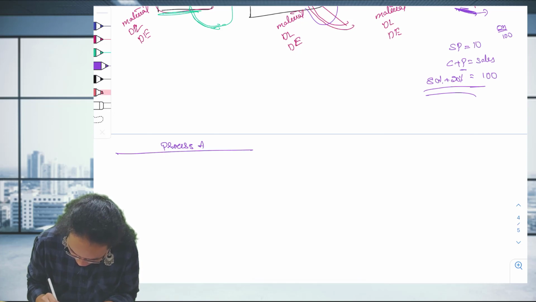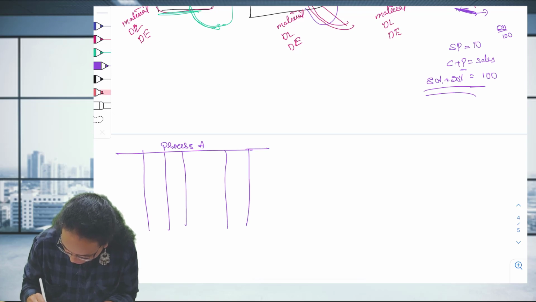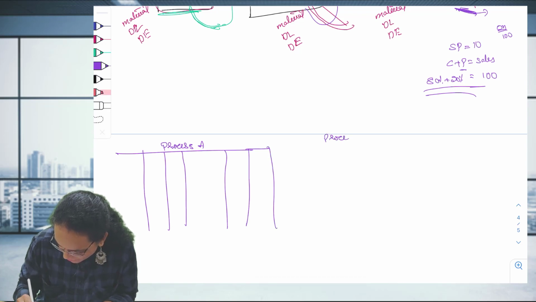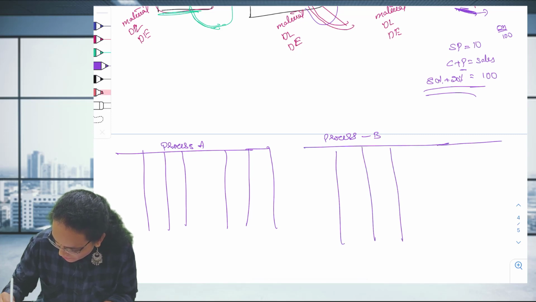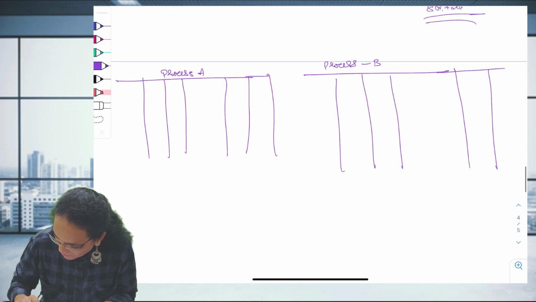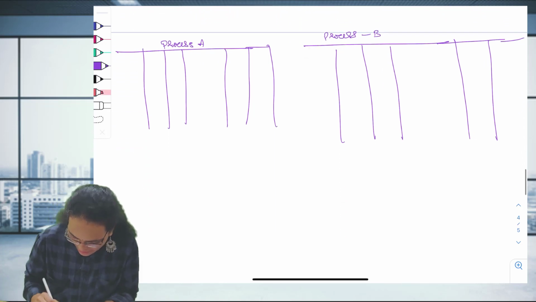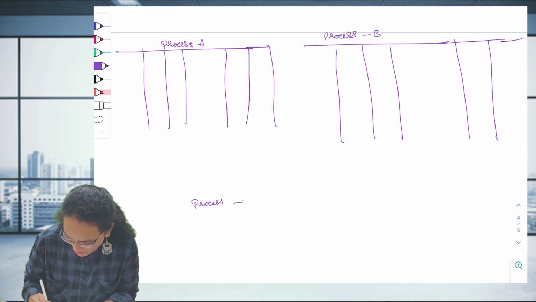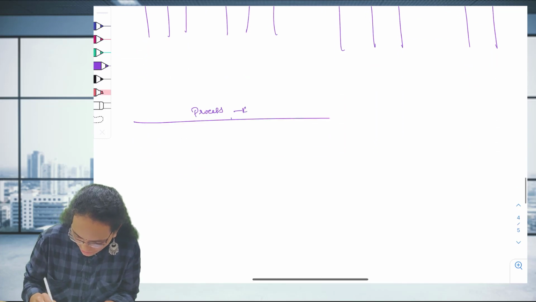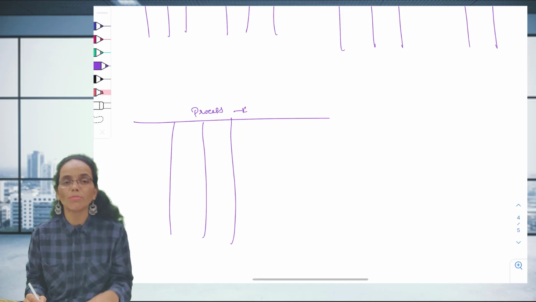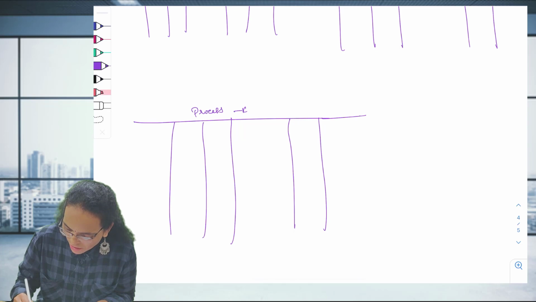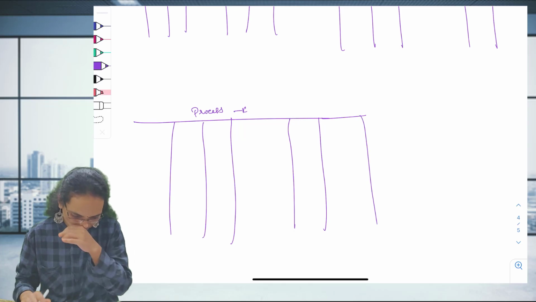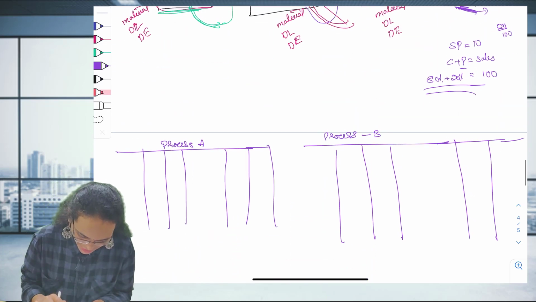Process A, process B, and next one is process C. Always remember, in process costing you need to take two columns. One is for the units and one is for the amount.